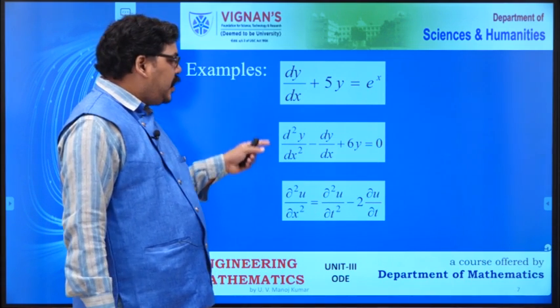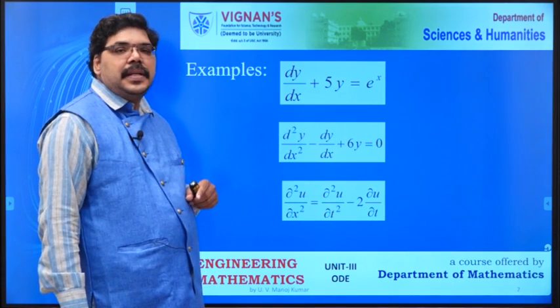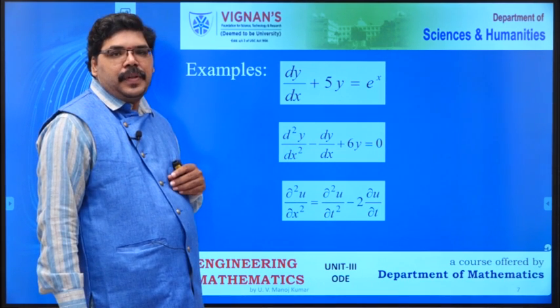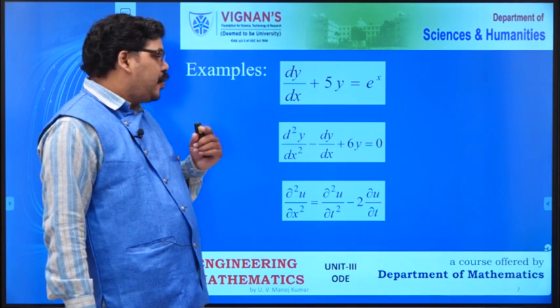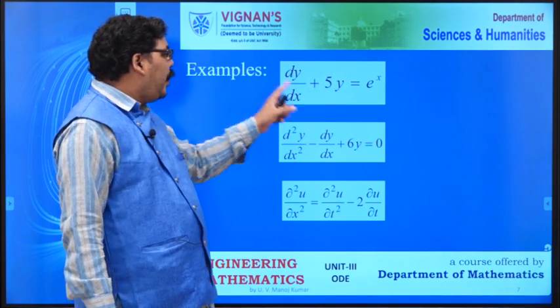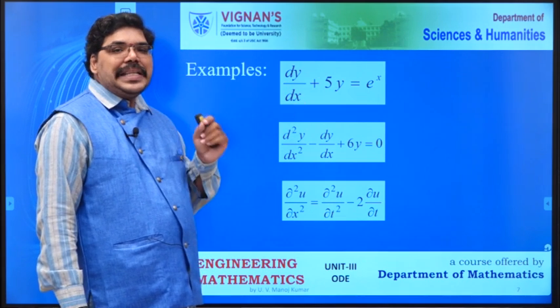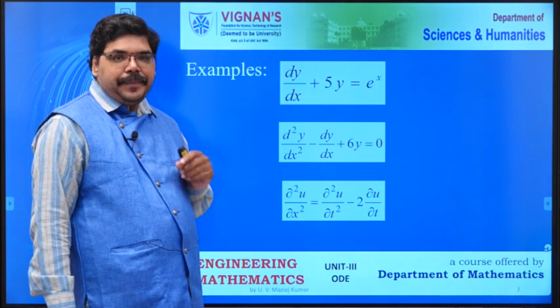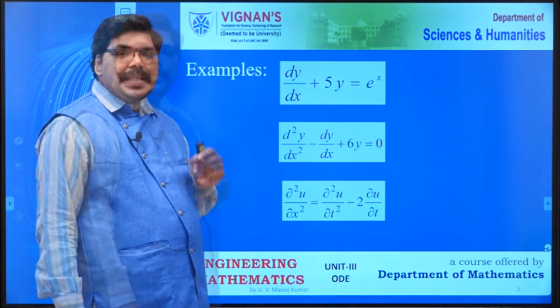If you observe these three differential equations, they are different. What is the difference between them? If you consider the first equation, here we have one dependent variable, y, and the independent variable is x.